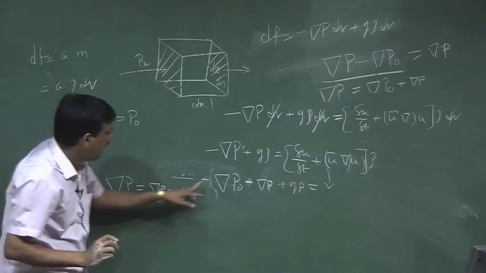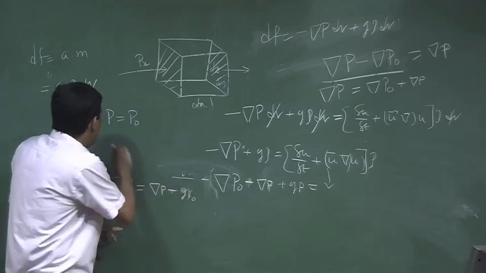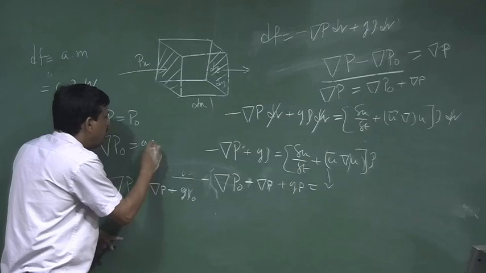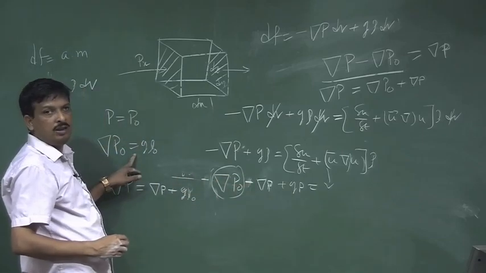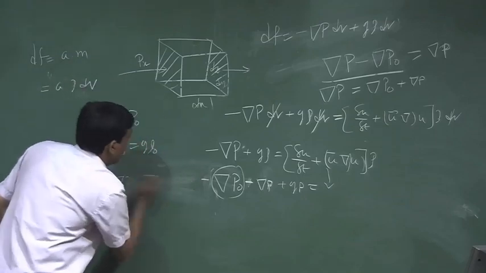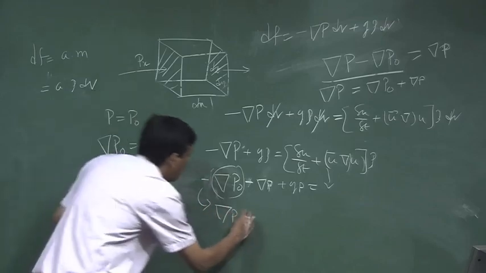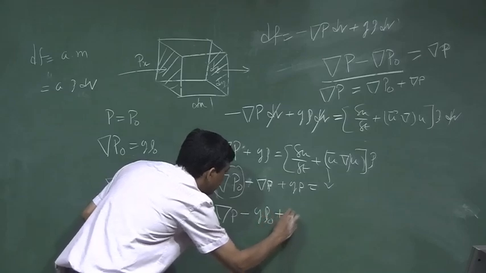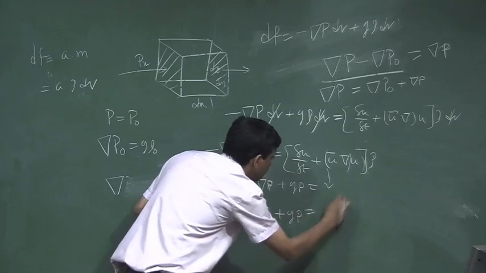Okay. Now, I said that when there is no acoustic pressure, then del P 0 is nothing but g rho 0. So, del P 0 is nothing but minus g rho 0. So, this equation is nothing but the acoustic pressure small p plus minus g rho 0 plus gp 0 is equal to the same thing.